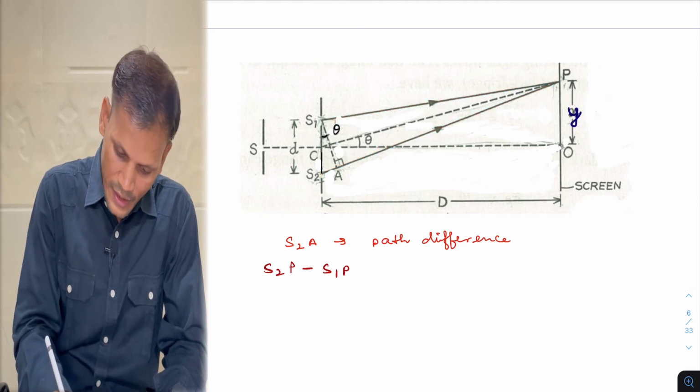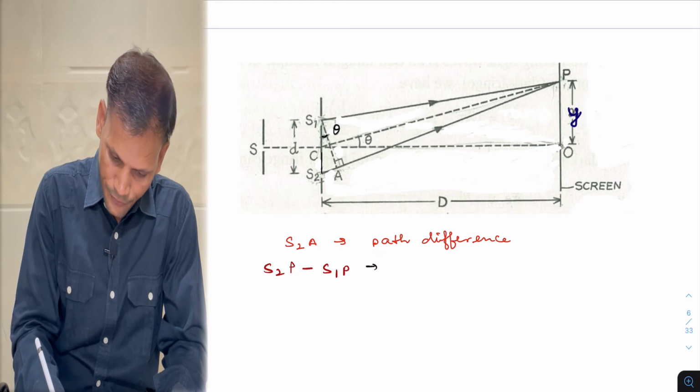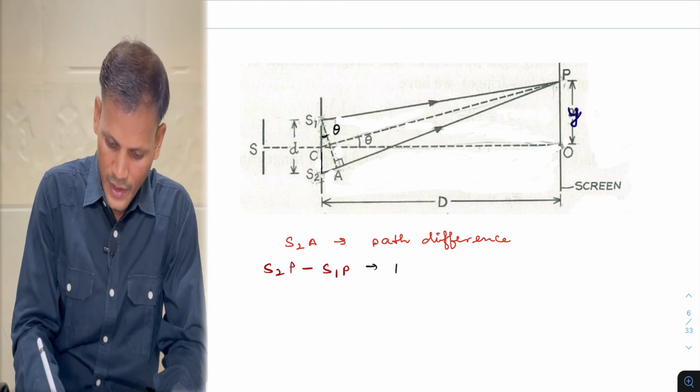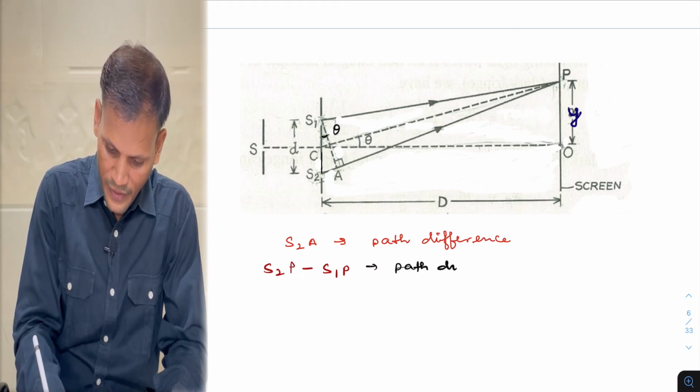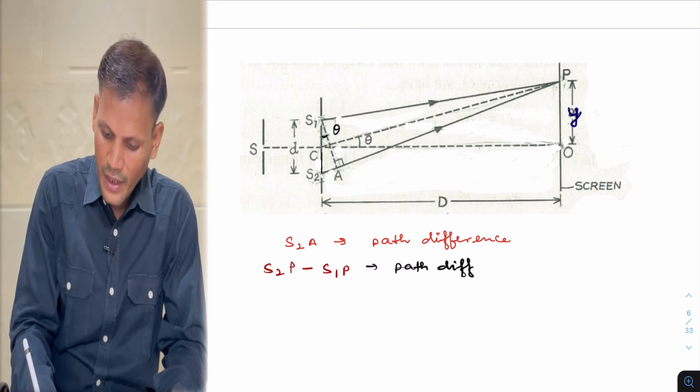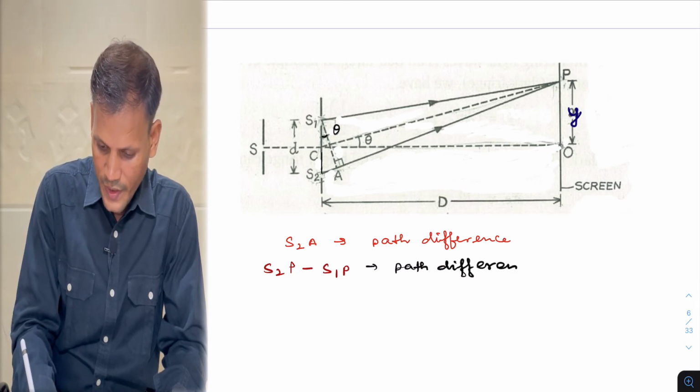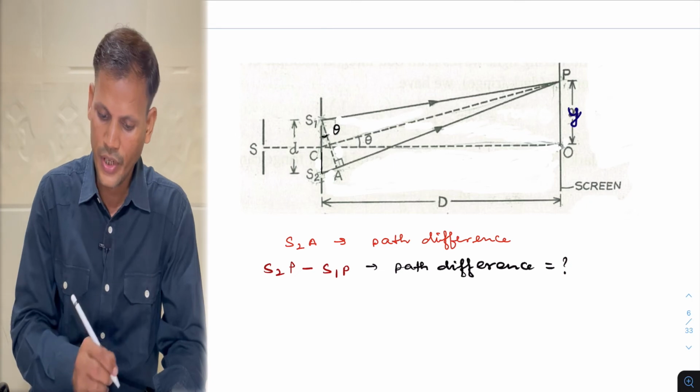This is the path difference that has to be calculated.